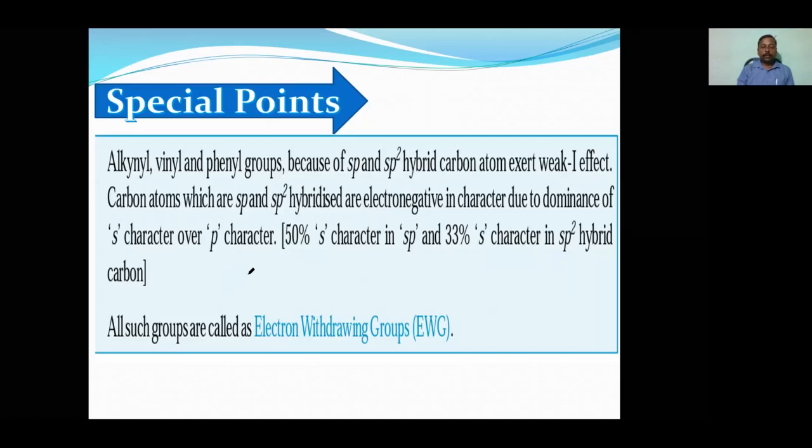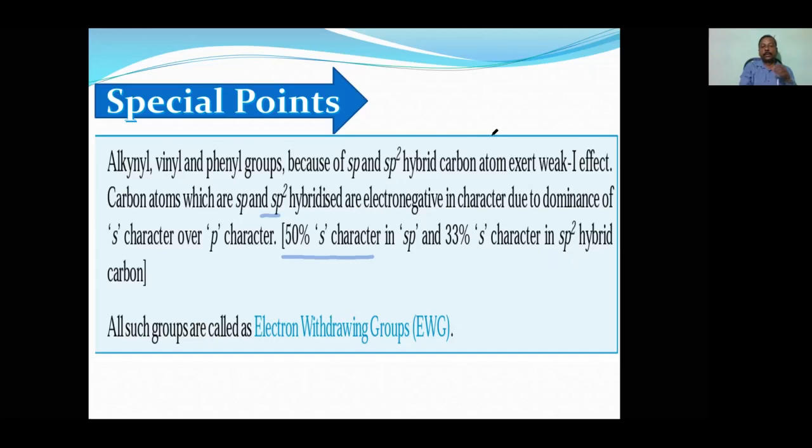So this complete s character, p character, you need not worry much about it. Simple, you will remember only two sentences. S character increases, electronegativity increases. S character decreases, electronegativity decreases. So this is all about the special points.